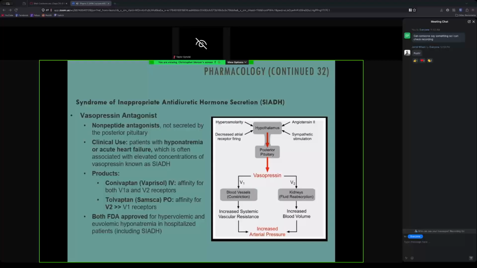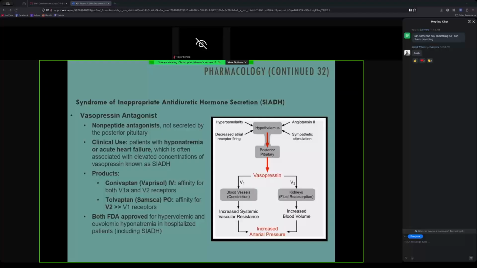So the two agents I mentioned, the conivaptan or Vaprisol is IV, and here we also have a difference between the affinity of receptors. So the conivaptan has affinity for both V1a and V2. That's why I brought the picture back. So we got both end organ targets affected by the conivaptan, the IV medication.